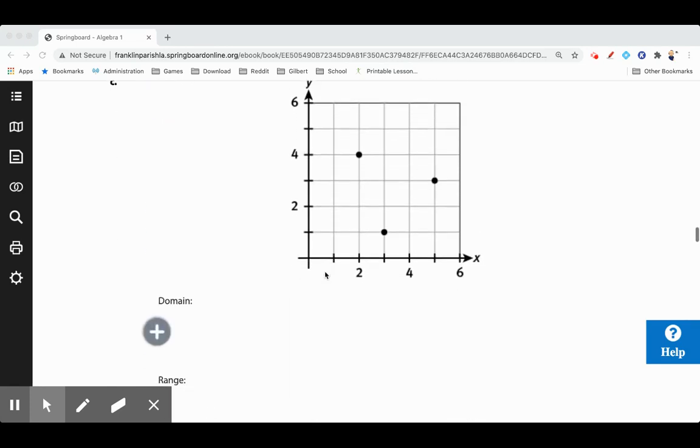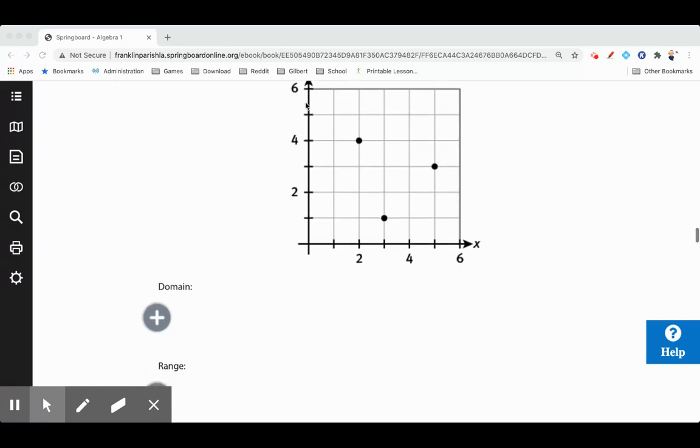Over on this graph, as I said in the beginning, the x will be your domain axis and your range will be your y-axis. And so the domain is going to be 2, 3, and 5.